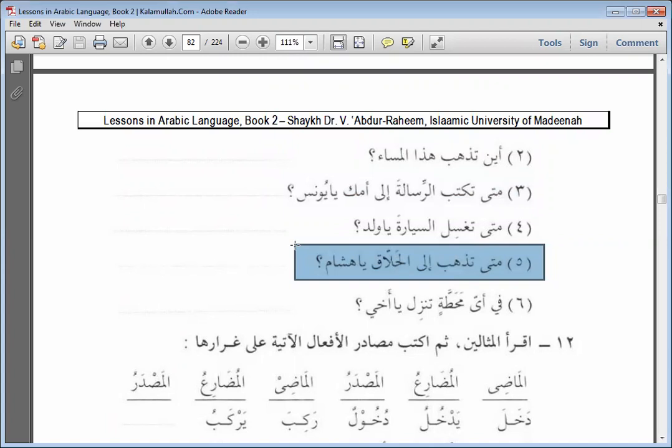Last two. Anybody want to try it? متى تذهب إلى الحلاق يا هشام؟ What does he mean by الحلاق? Anybody knows? Think about it.